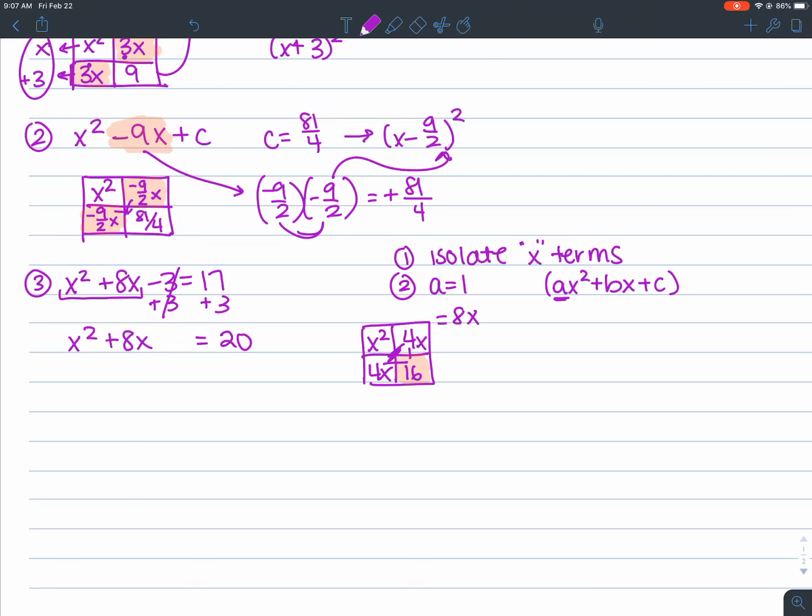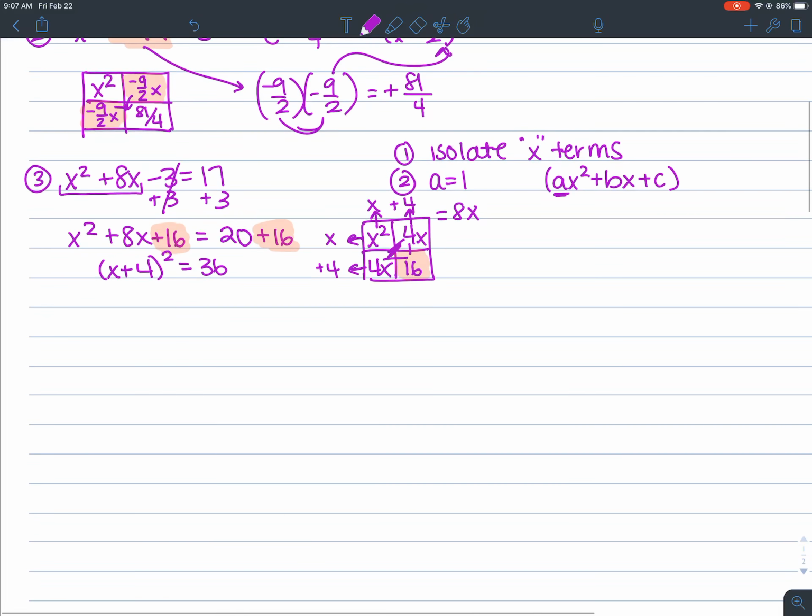So I'm going to add 16 to both sides. And I'm doing that to both sides so that my equal sign can still be true. All right, now if we factor this, we've got GCF of x, GCF of positive 4, GCF of x, GCF of positive 4. I get x plus 4 squared equals, and then 20 plus 16 is 36.